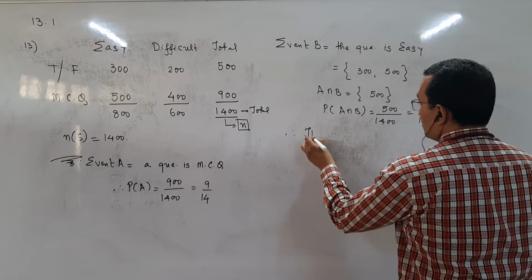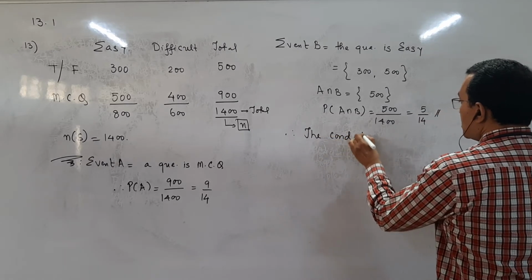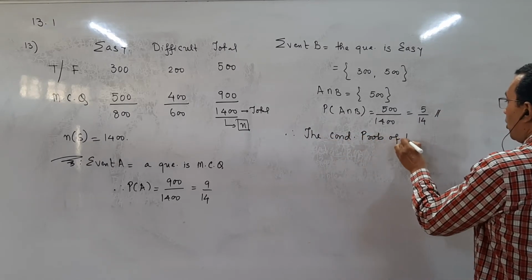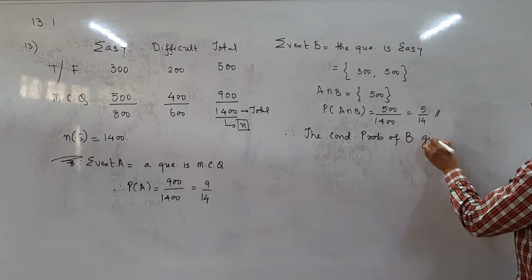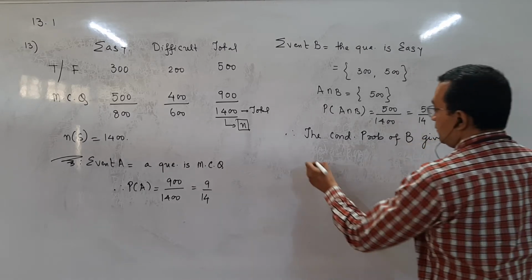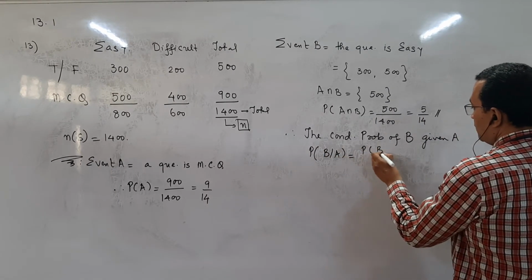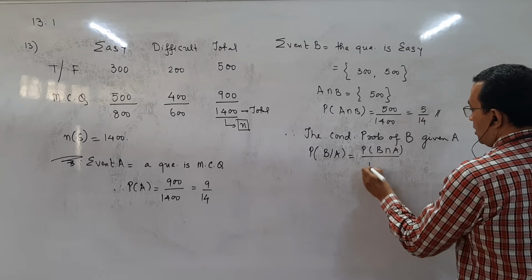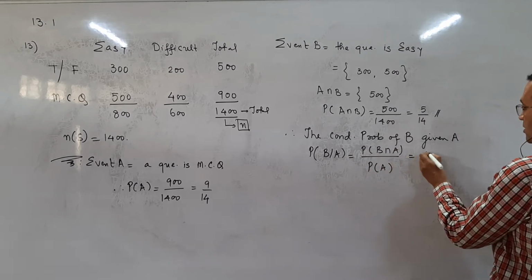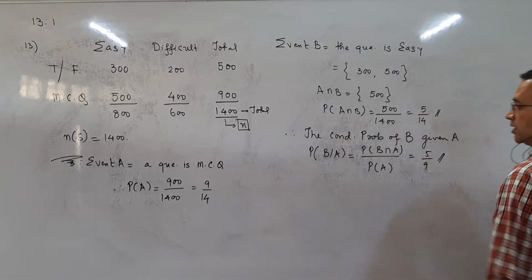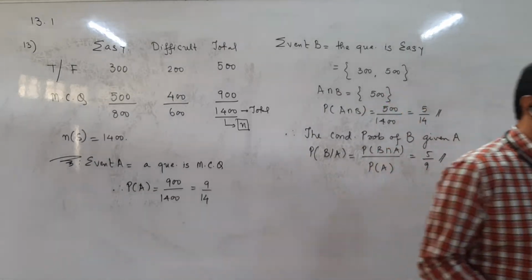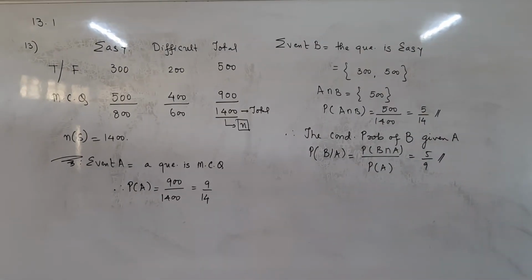Therefore, the conditional probability of B given A is P of B given A equals P of B intersection A upon P of A. So the answer is 5 by 9, as 14 and 14 get cancelled. In this type of sum, students, data collection plays an important role.